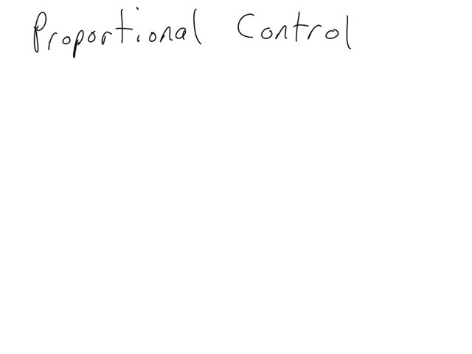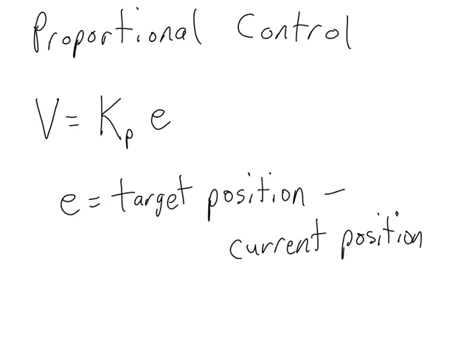We can achieve this by setting our voltage to be equal to some constant, which we will set, times the error. And remember here that the error is equal to the target position minus the current position.